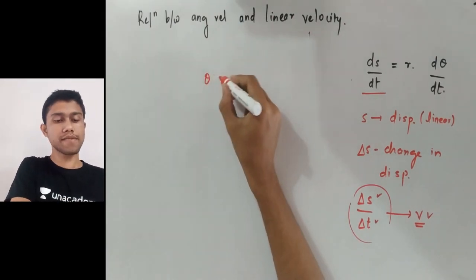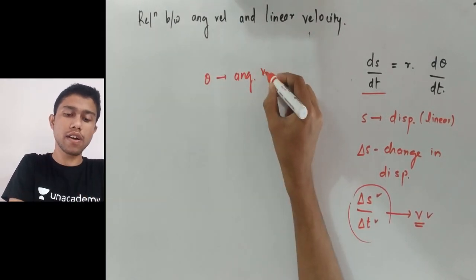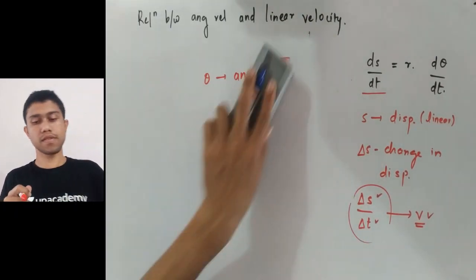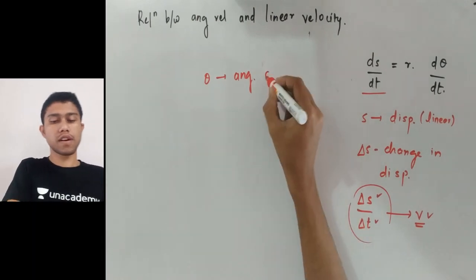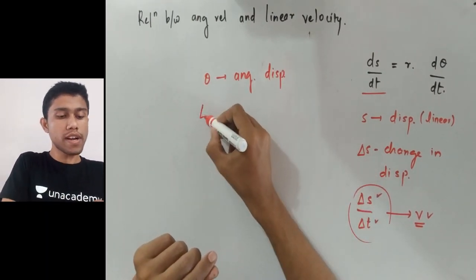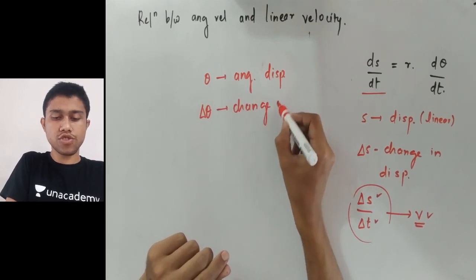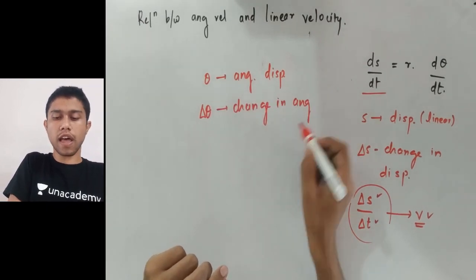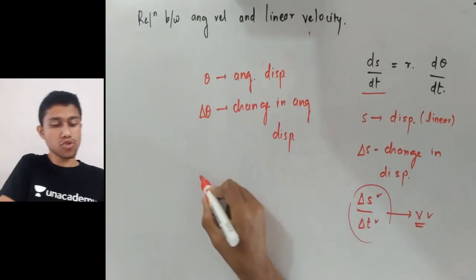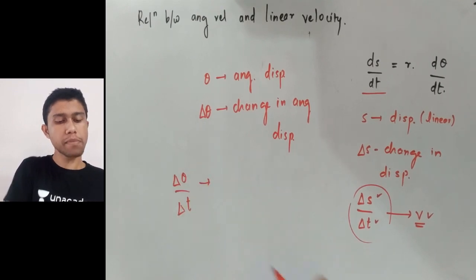So what is theta? Theta is the angular displacement. Okay, what is delta theta? Change in angular displacement. So when I divide delta theta by delta t, what will it mean?